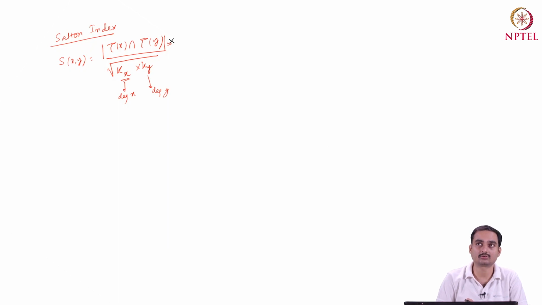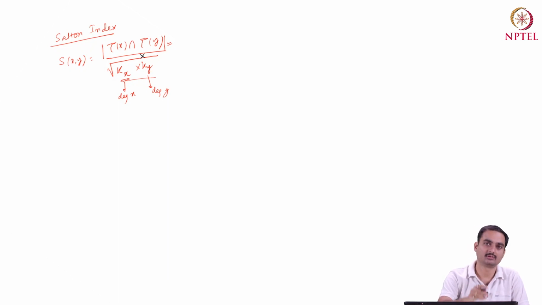In the case of the Jaccard coefficient, the denominator was the size of the union. When you take the union, you do not count the common neighbors 2 times; common neighbors are counted 1 time. But if you take the degree, common neighbors are also counted 2 times. It may happen that there are many common neighbors and you are counting them double.